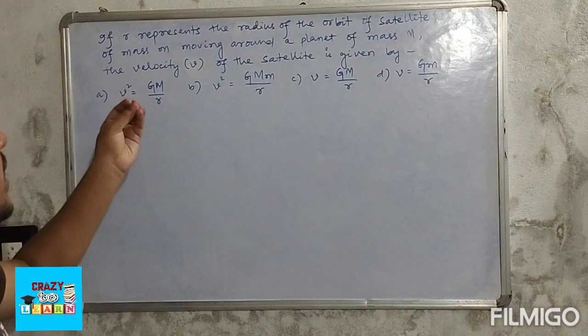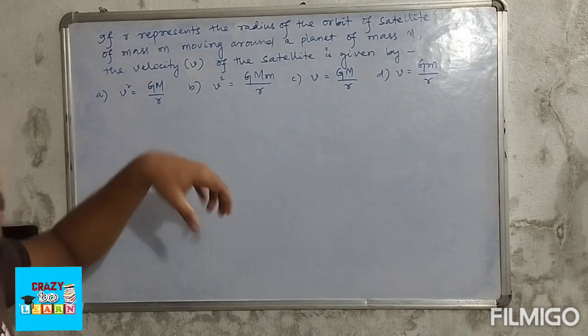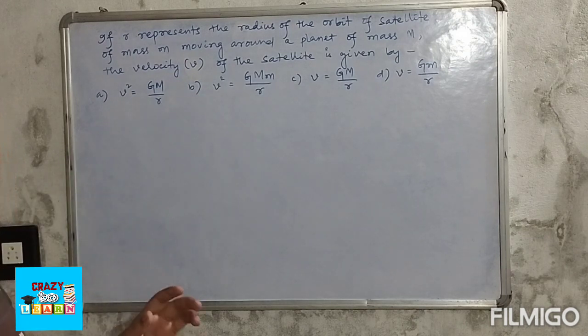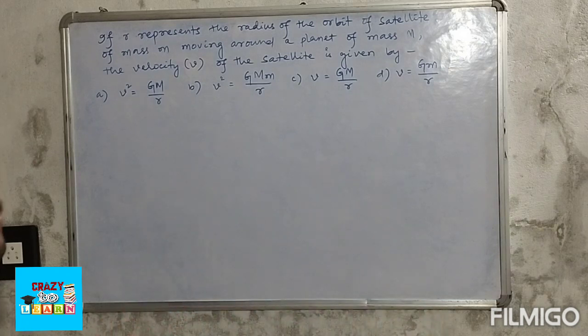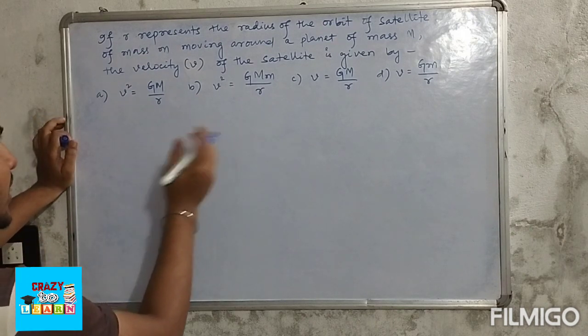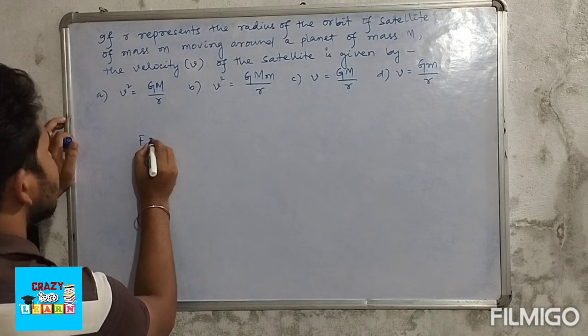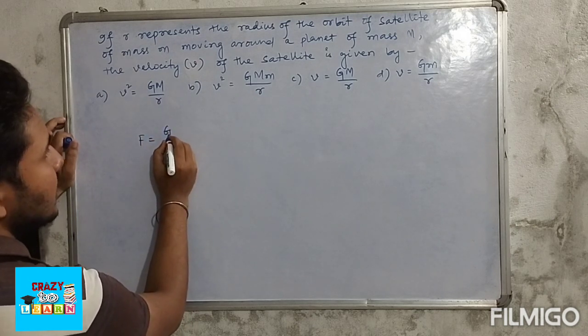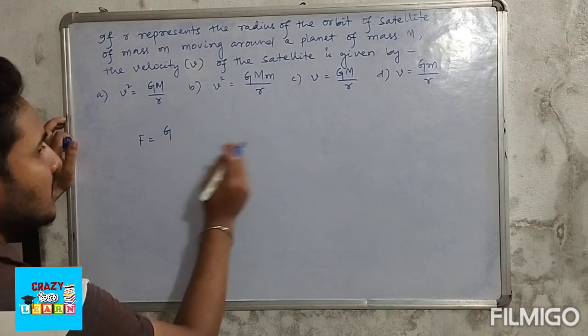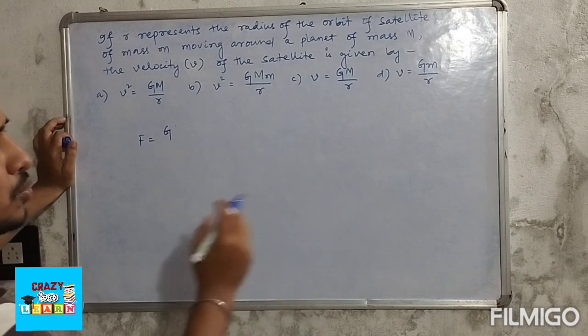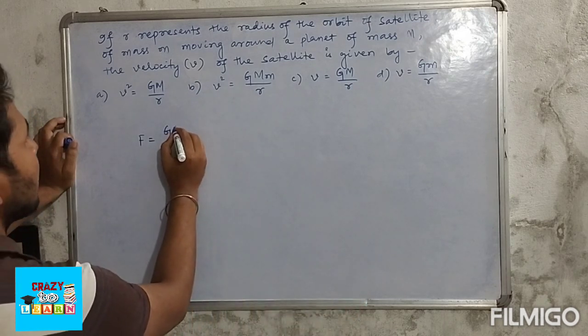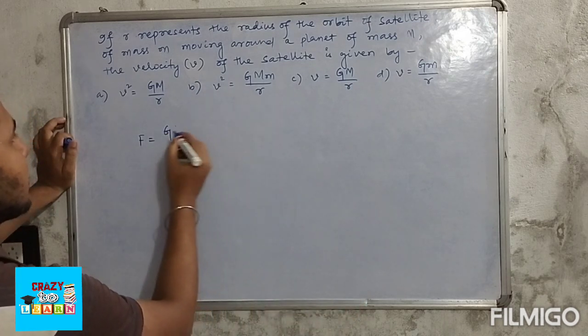So when a satellite is moving around a planet, there is a gravitational force of attraction between the planet and the satellite, yes or no? We know from Newton's law of gravitation, the gravitational force of attraction between the two objects, the planet and the satellite, F is capital G, the universal gravitational constant, into the product of the mass of the planet and the mass of the satellite.